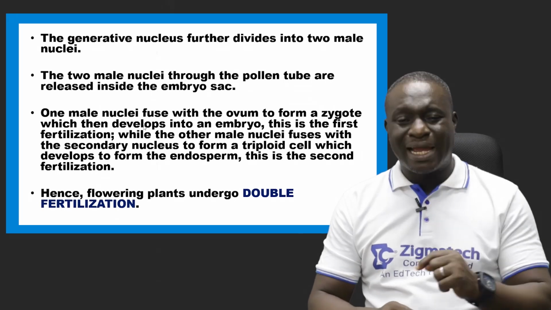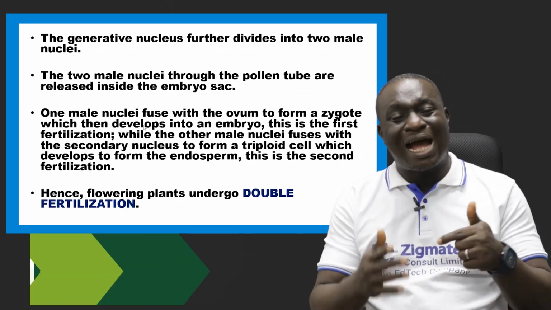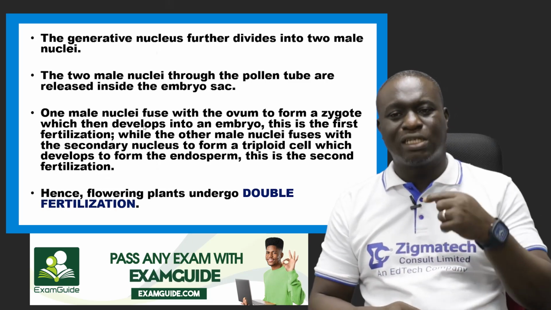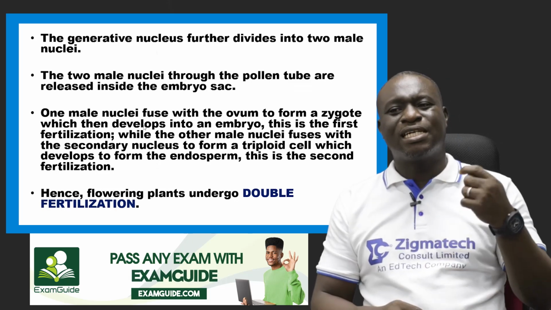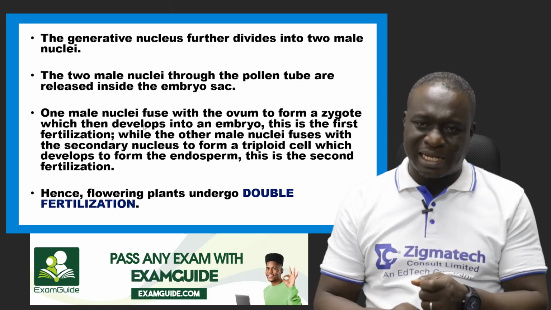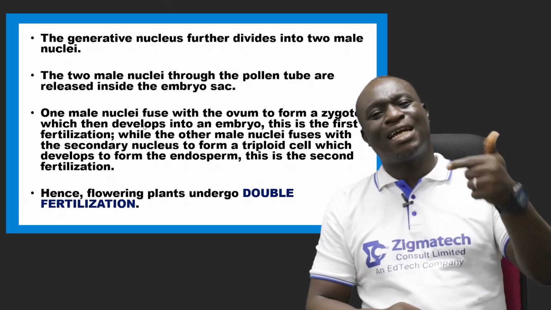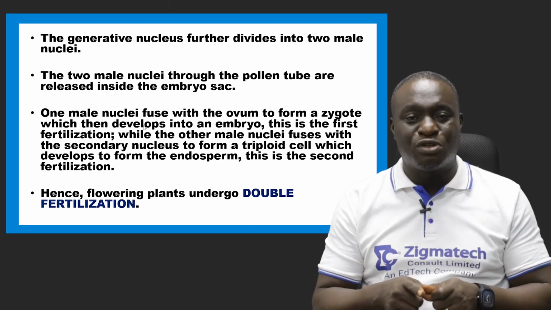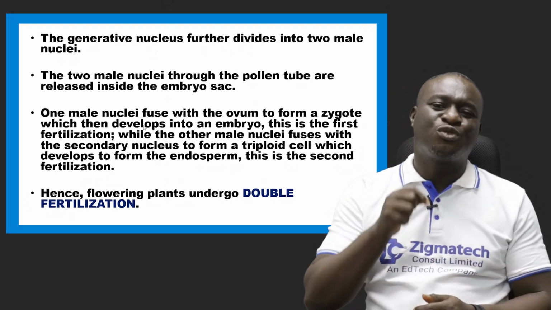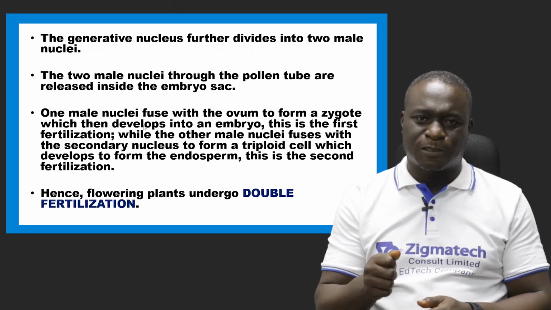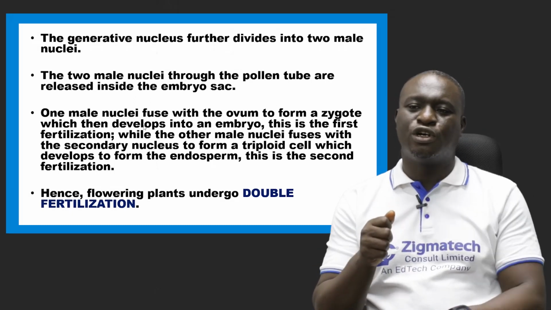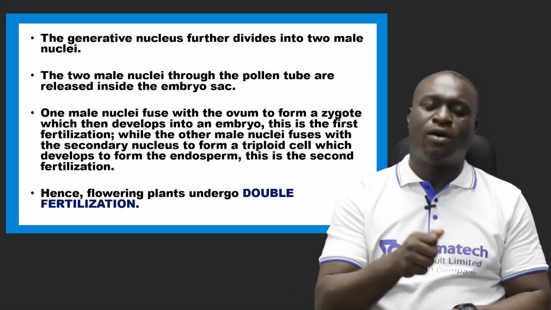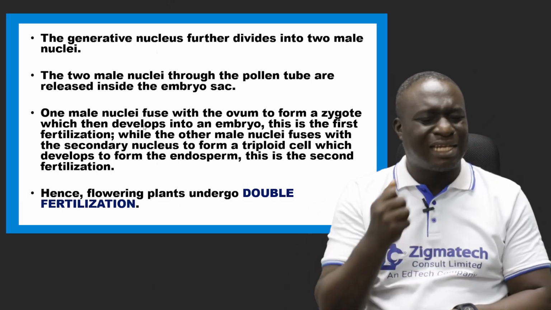The second male nucleus enters into the embryo sac also and fuses with the secondary nucleus to form what we call an endosperm. This also is the second fertilization.